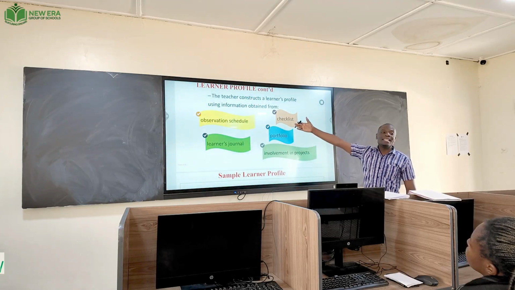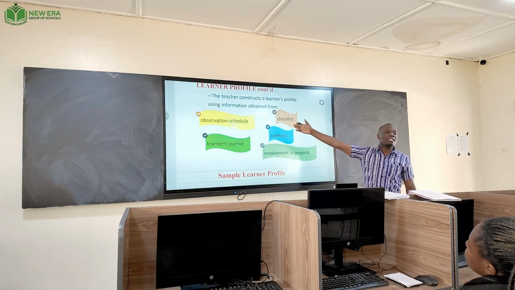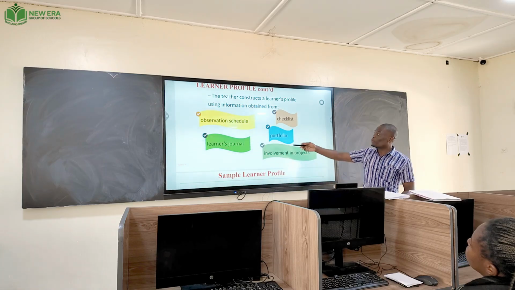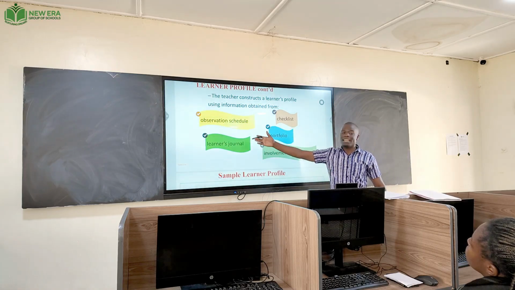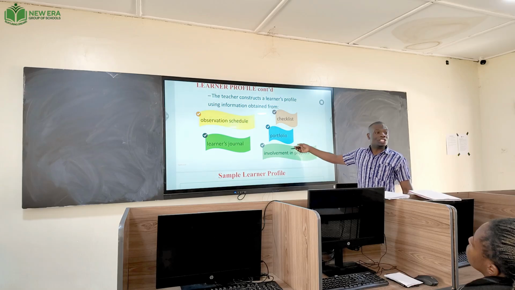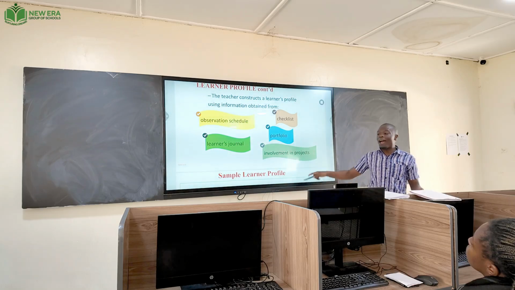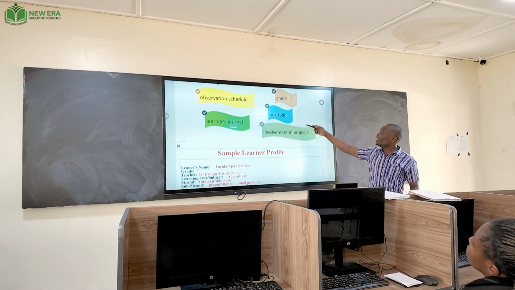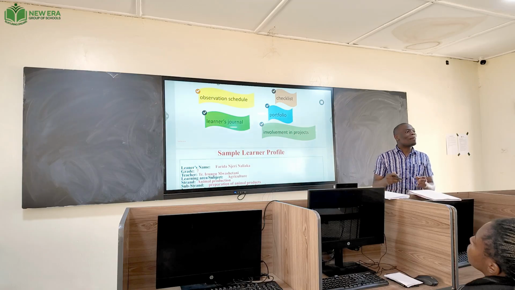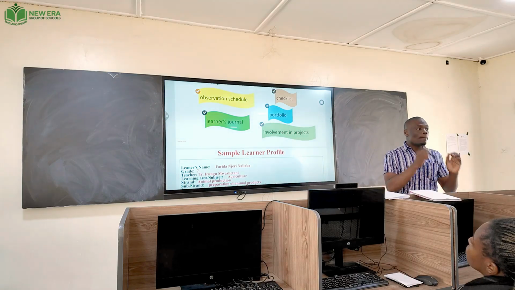You can see here, this is the area you will get the information to put in the learner's profile: the observation schedule, the learner's journal, the checklist, the portfolio, the projects. So as you observe everything from these assessment tools, you now come and put it in the learner's profile.